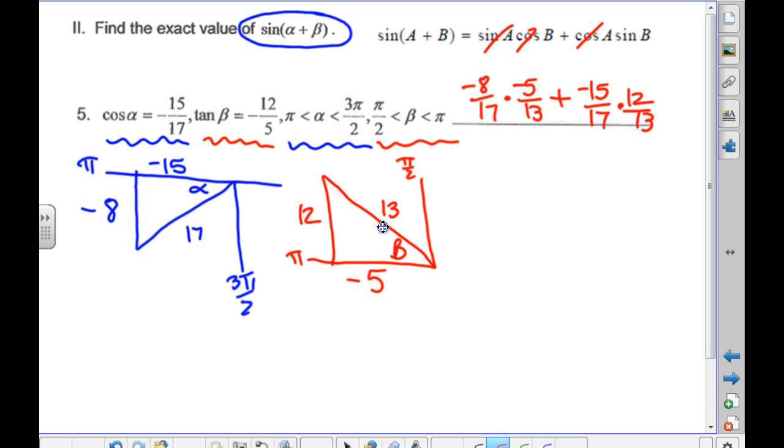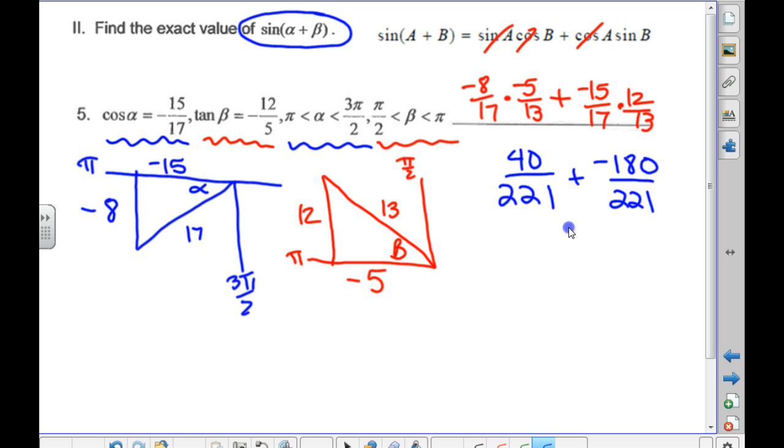Gunther, can I go back over something? Okay. If I multiply here, I get a positive 40 over, thank you. And I get a plus negative 180 over 221. Did I do that right, guys?